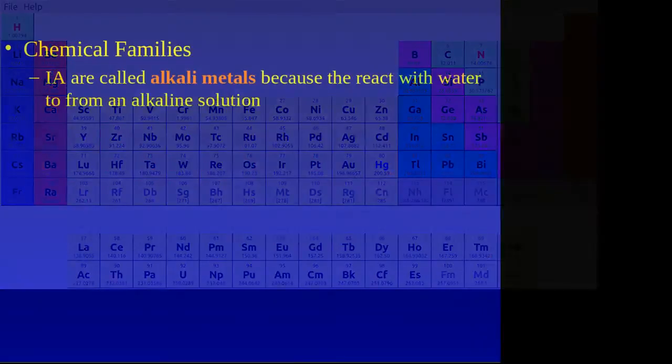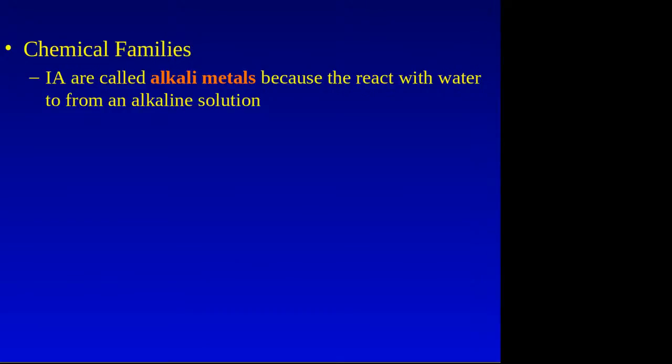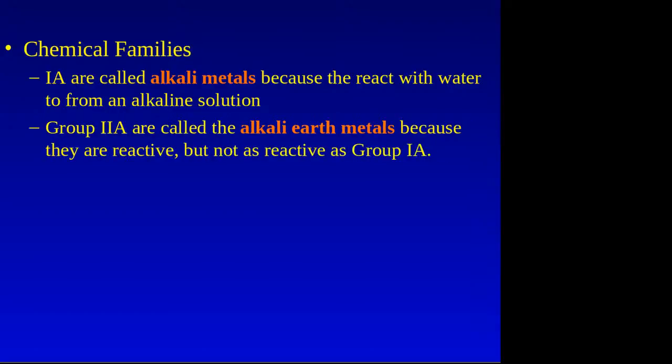But let's look at how all the families come together. So we have things called alkali metals, and they're the first one. They react well with water, right? And you get the idea of alkali batteries, and they're 1A, the first grouping. Group 2A are the alkaline earth metals because they're not as reactive with water as 1A.